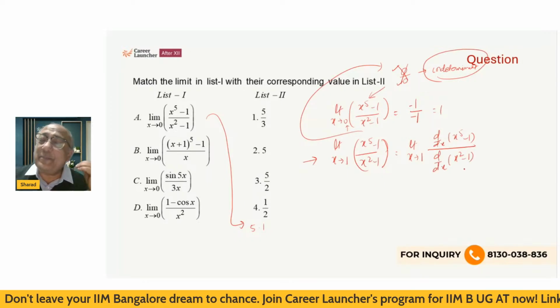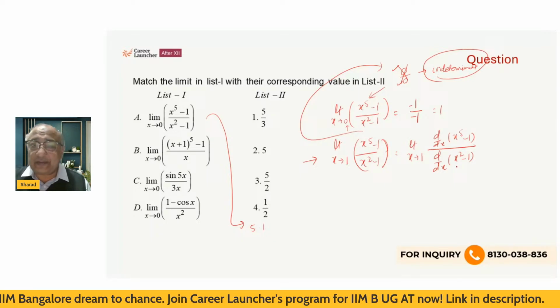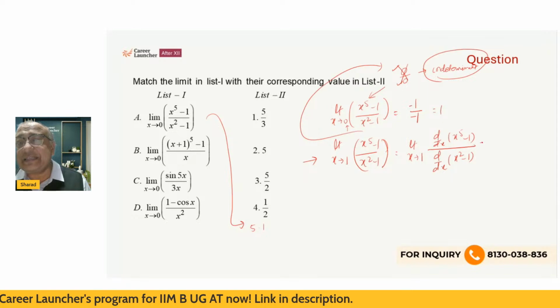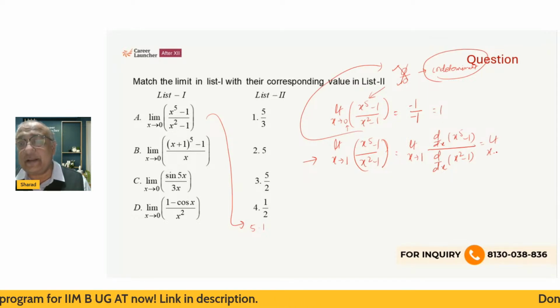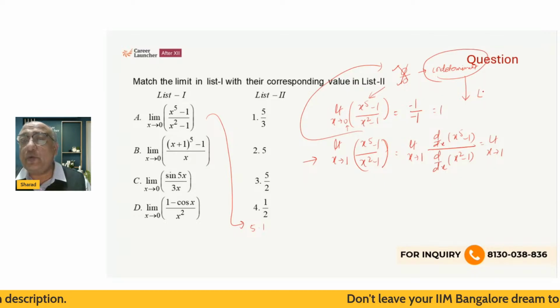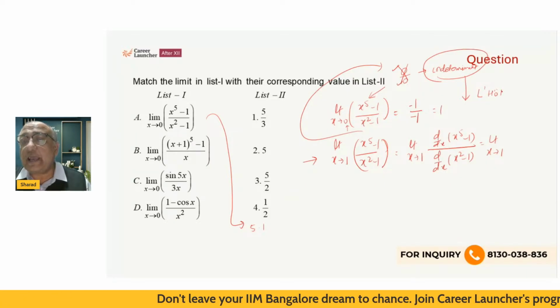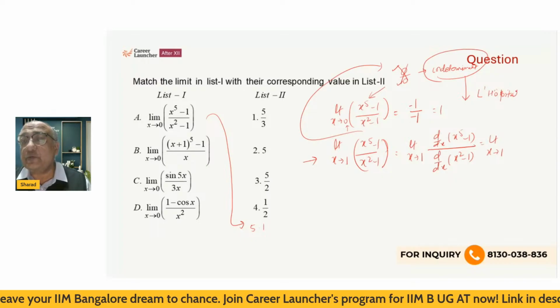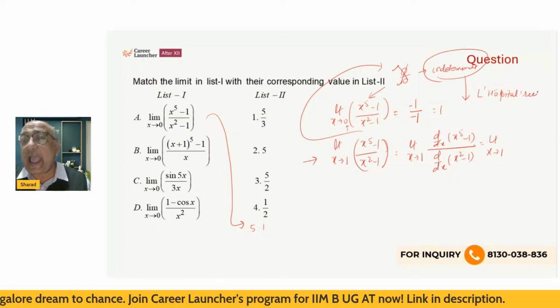You can do by many methods. You could do algebraic division, you can take a common factor out, but this is the easiest. And you're writing an entrance examination. If it is an indeterminate form, use L'Hopital's rule, as you sometimes call it L'Hospital's rule. Use that rule and get away with it.